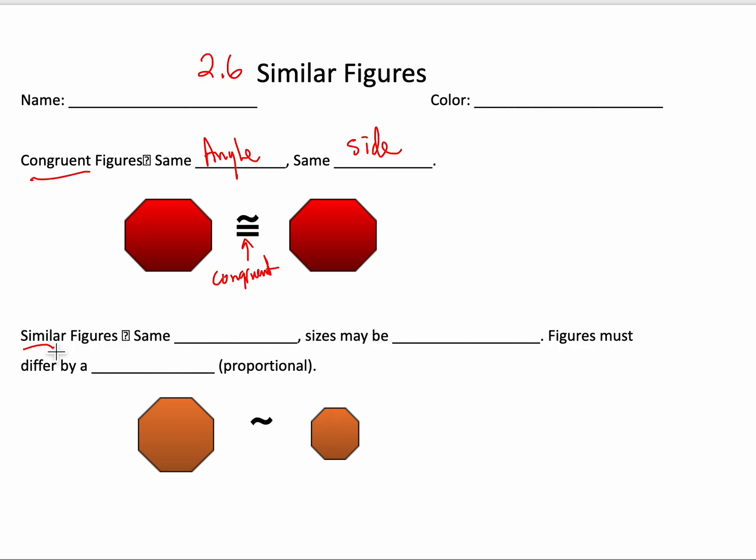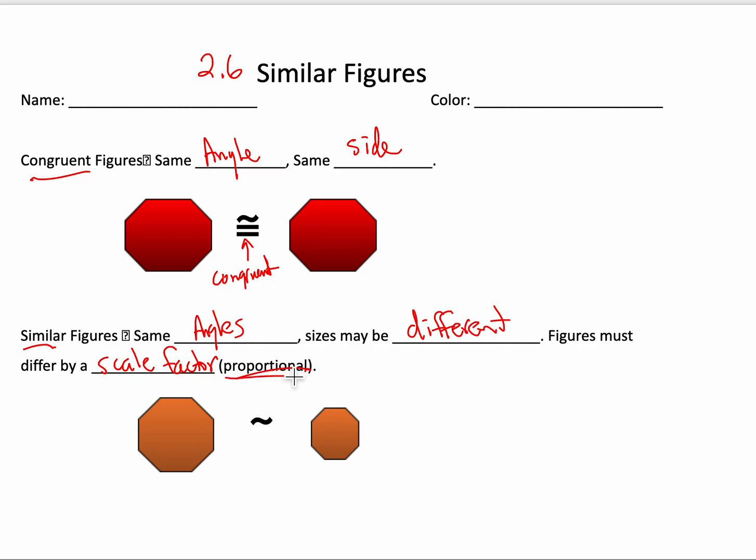Now, similar has the same angles, but the sizes may be different. But it's specific in that they must differ by a scale factor, meaning that they are proportional.